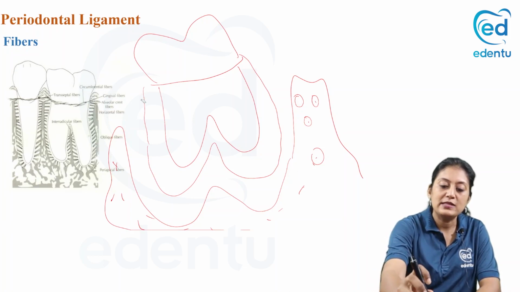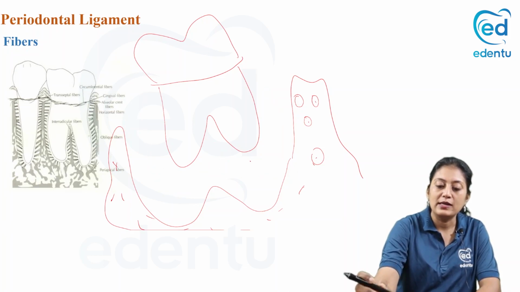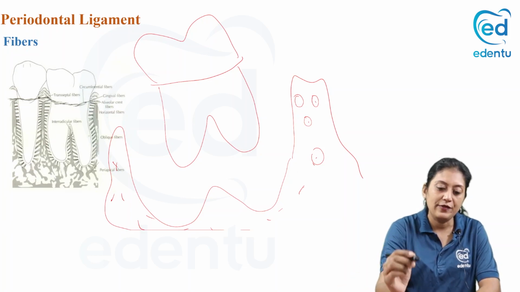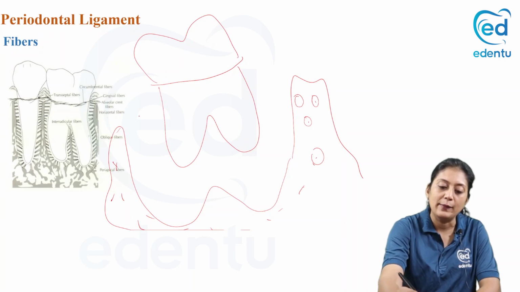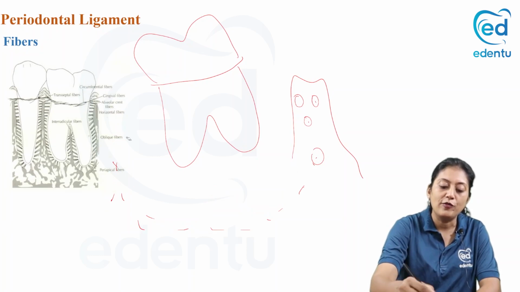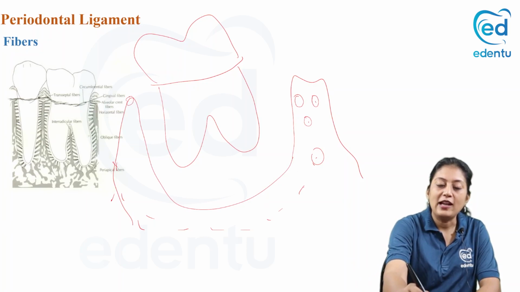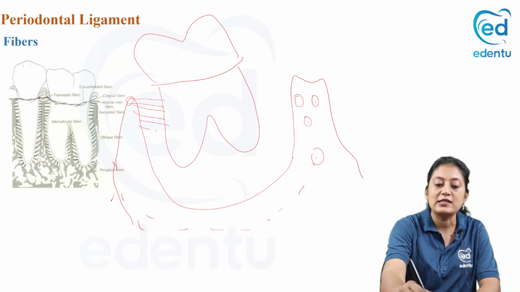So what happens here is all the fibers, whatever you see, will be arranged in a specific direction. Accordingly, you give the name. So the first group of fibers, which is seen from the crest of the alveolar bone to the cementum, is called alveolar crest fibers. That is the first group of fibers.